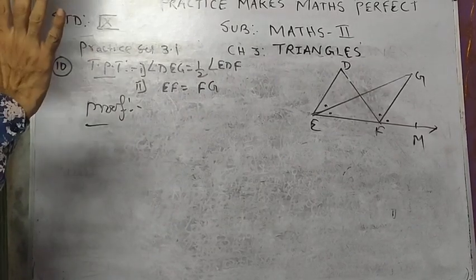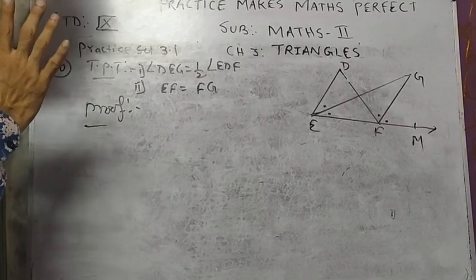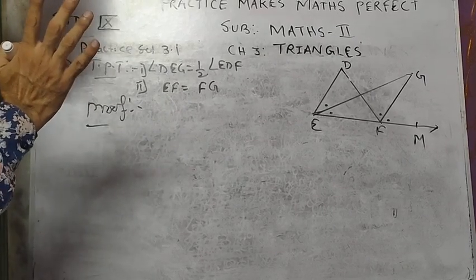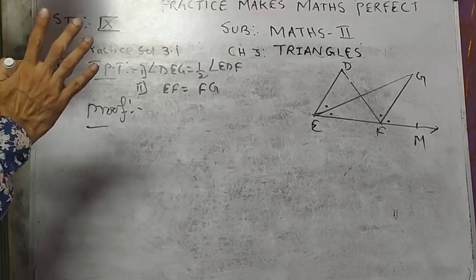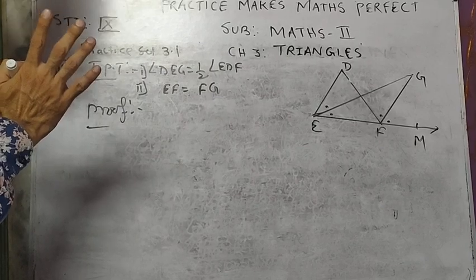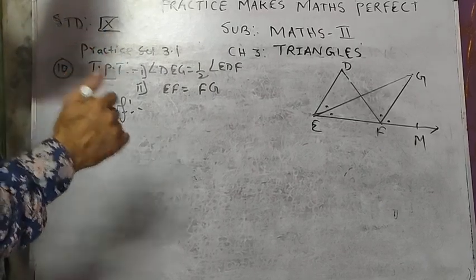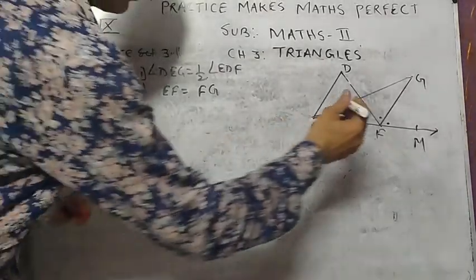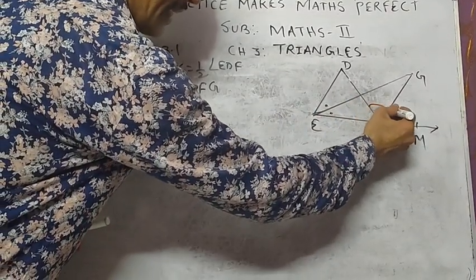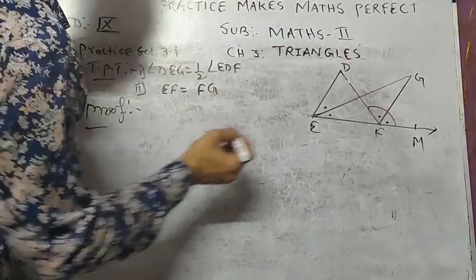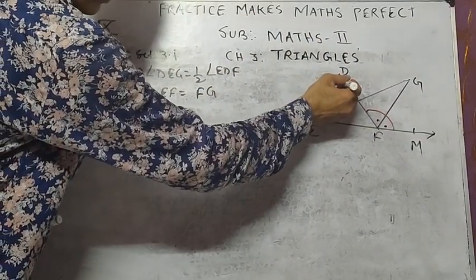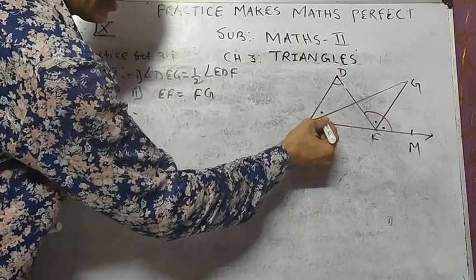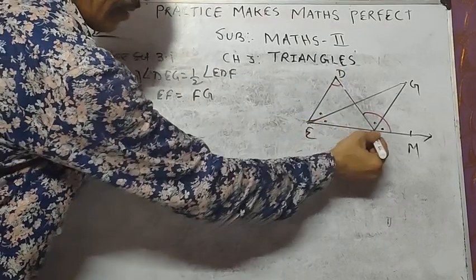Okay, two things we have to prove. First of all, you know the concept of remote interior angles of a triangle. This is your exterior angle. Okay, DFM is your exterior angle. So this angle is equal to angle D and angle DEF.